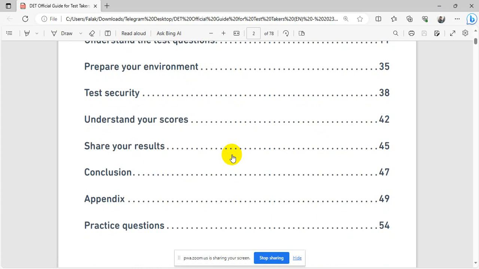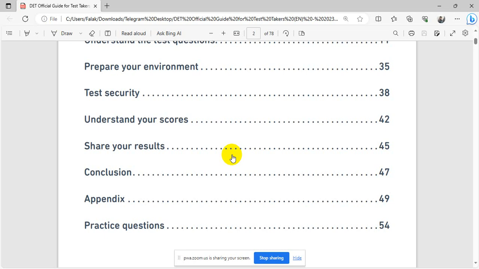And then about test security, and as I told you in the last session, Duolingo is even much more secure than the TOEFL and other tests, because the one who monitors you is not just a person, the artificial intelligence or AI also monitors you. That's why it's really difficult, because even if you just turn your head around and look around, they will consider it cheating and they will even block your test. We will talk about these kinds of things in test security, and then we have understand your scores.